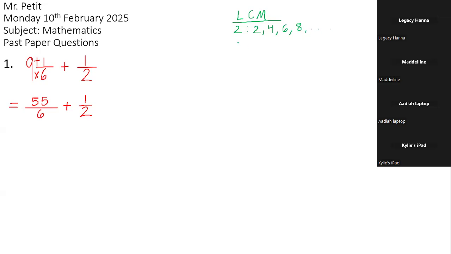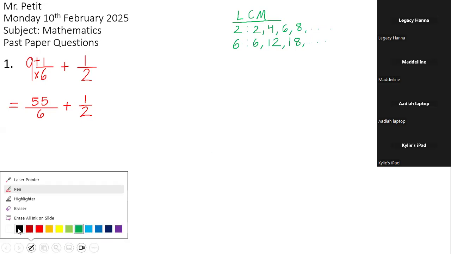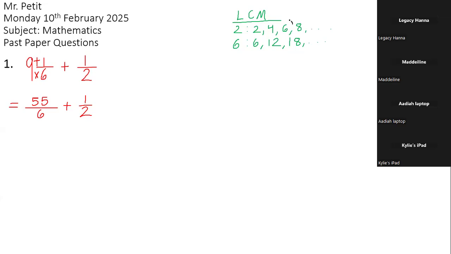What are the multiples of 6? 6, 12, 18, 24, and the list goes on. So what is the lowest common multiple of 6 and 2? 6. Very good.